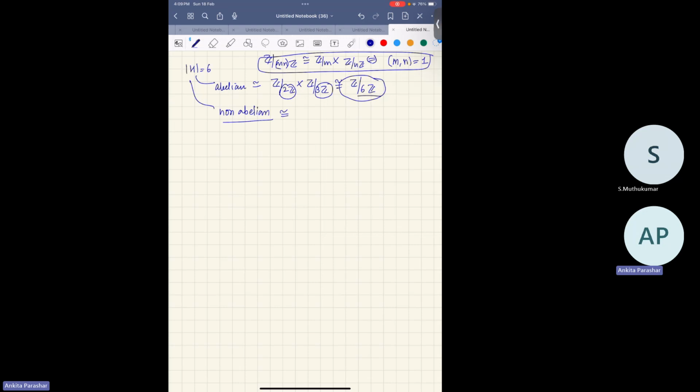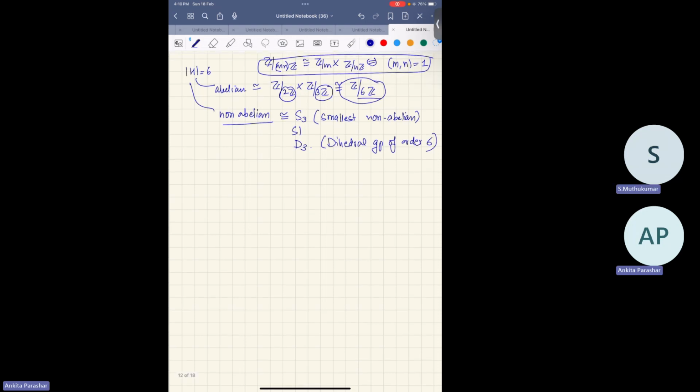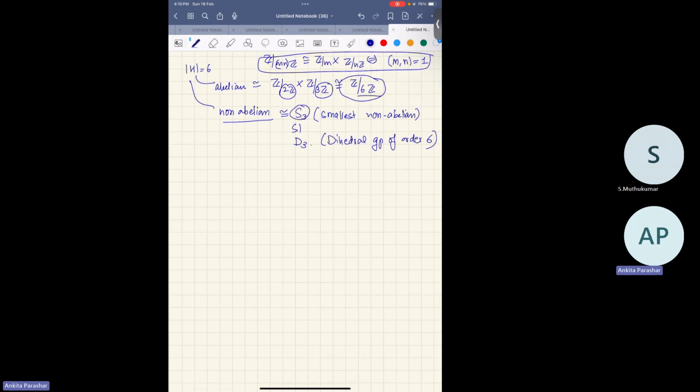Non-abelian has to be isomorphic to S3. This is the smallest non-abelian group we know. You can also notice that D3 is isomorphic to S3, the dihedral group of order 6. So order 6 is the smallest non-abelian group, and that is S3. So either it is S3 or it is Z6.